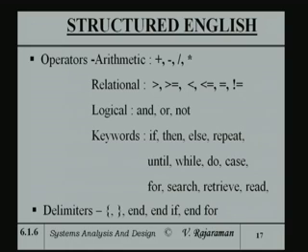And delimiters are the brackets which are used. In fact, end if and end for are also delimiters. That means they effectively give the bracketing information. If has got to be bracketed with end if.